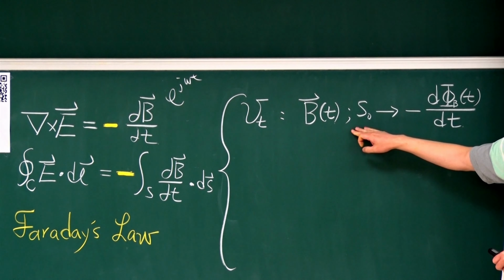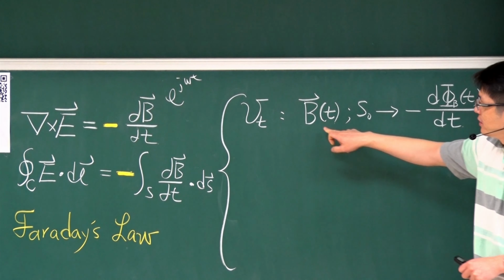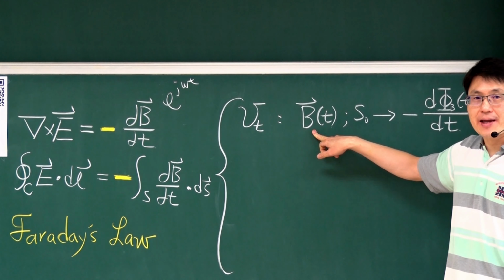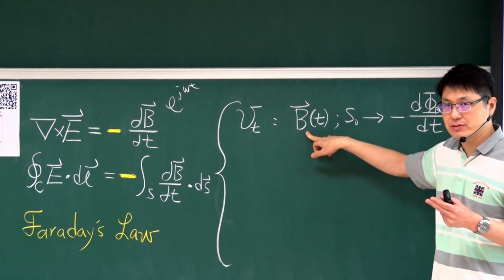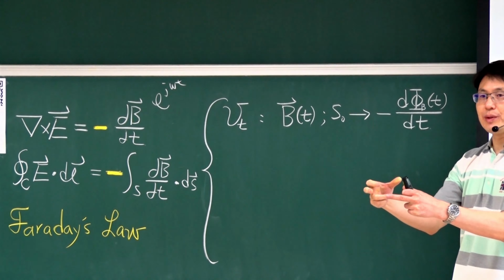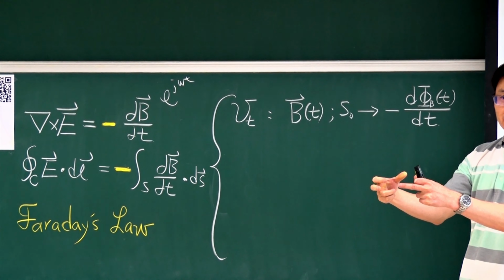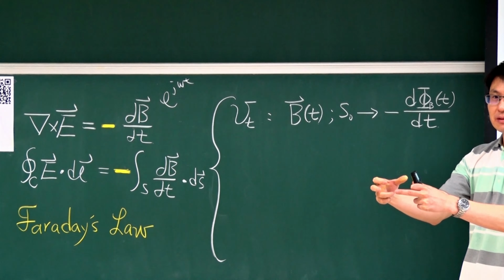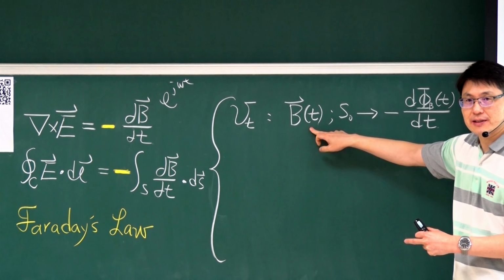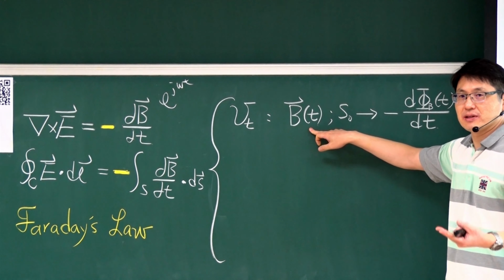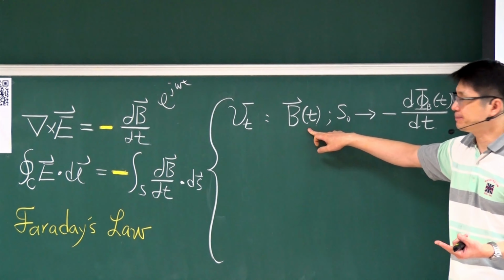Last Wednesday, we talked about the first case. We only have a time varying magnetic field, but the circuit remains stationary. So the circuit is not moving. It's only the field line. The number of the field lines is changing against time.